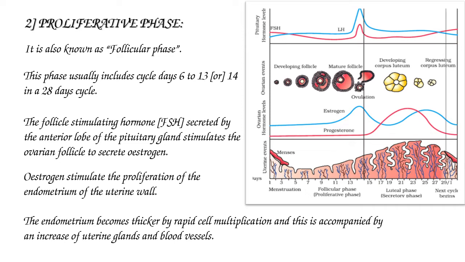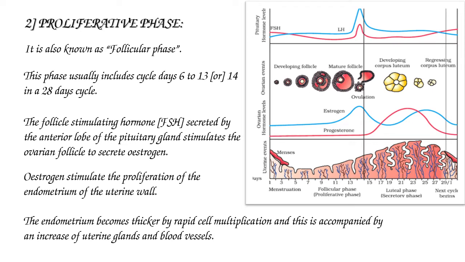Estrogen stimulates the proliferation of the endometrium of the uterine wall. The endometrium becomes thicker by rapid cell multiplication, and this is accompanied by an increase of uterine glands and blood vessels.